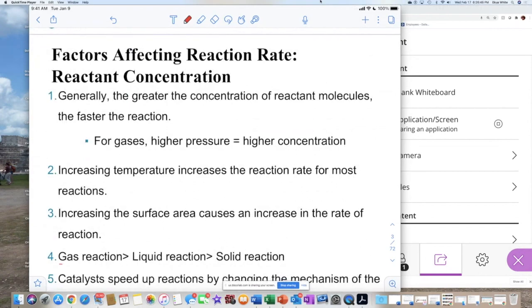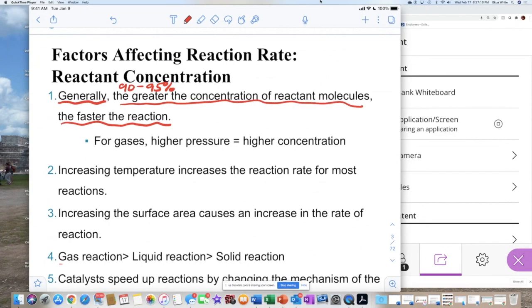Number one, generally, meaning let's say 90 to 95% of the time, the greater the concentration of the reactant molecules, the faster the reaction. Later on, we'll talk about collision theory, which talks about chemical reactions from a fundamental point of view.